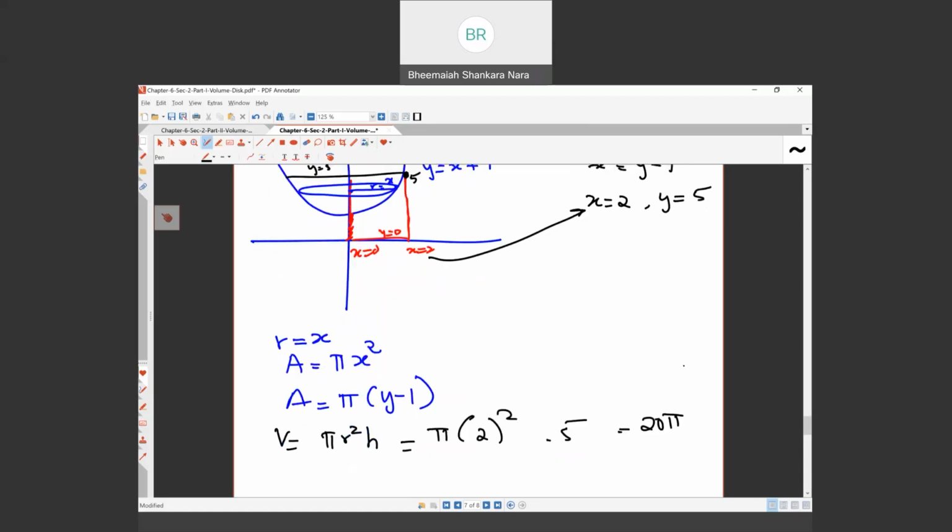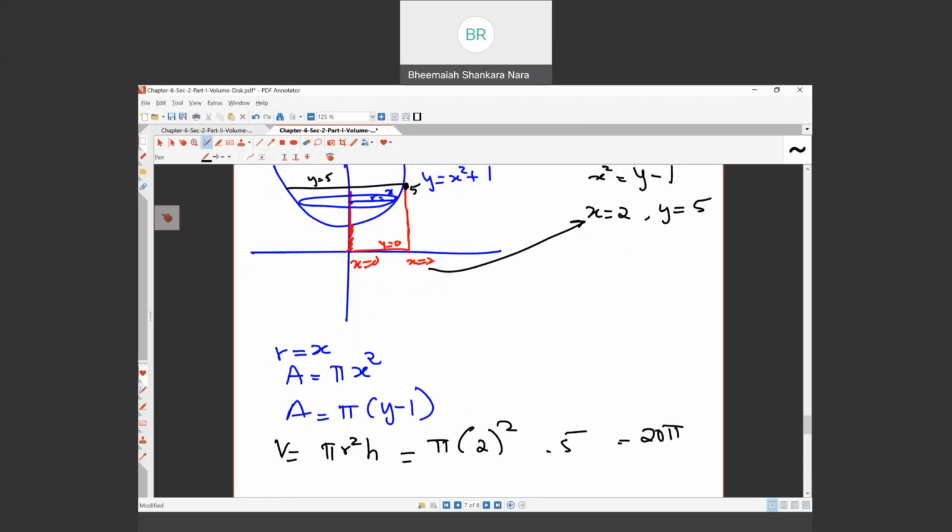So that is this area here. Let me use 2 different colors. Let me use blue color here. So this is the green plus blue volume.